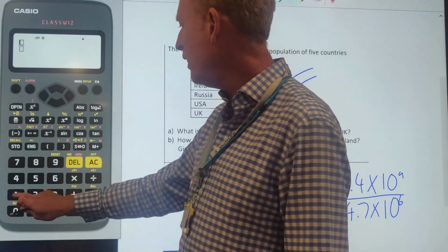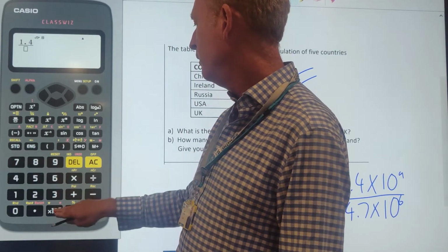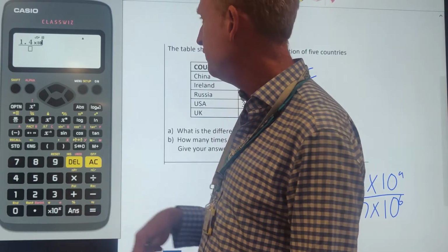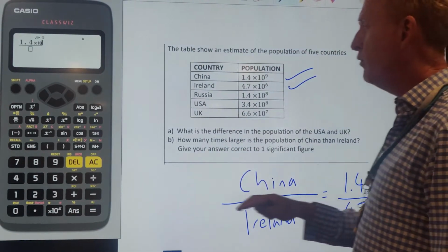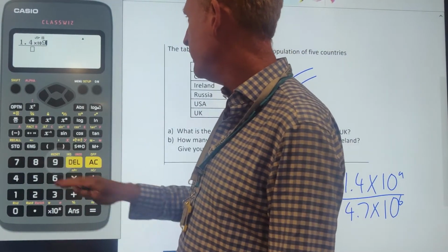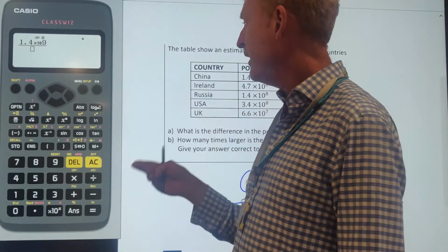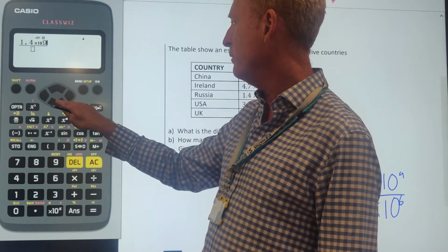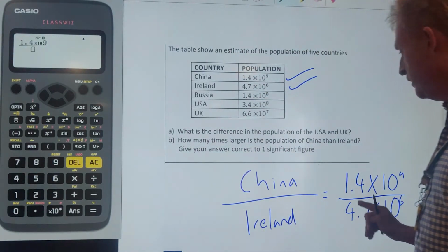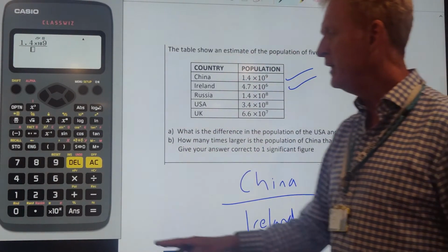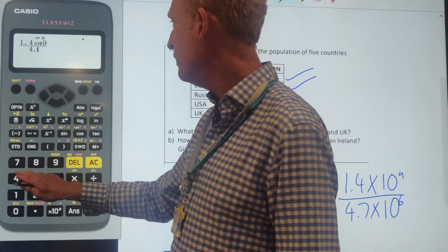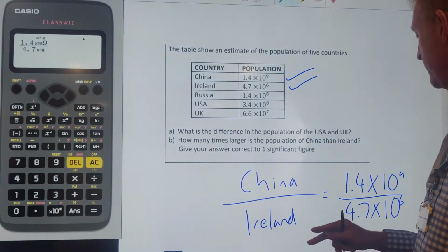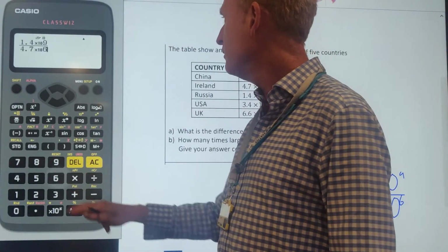So I'm going to write 1.4, using my standard form button again, times 10 to the power of. This time for China we want 9. As we're writing this as a fraction, it's not so important that we worry about putting our brackets in. We can just write this in as a fraction. So this next bit here, we've got 4.7, again using my standard form button, times 10 to the power of, and this time we got 6.